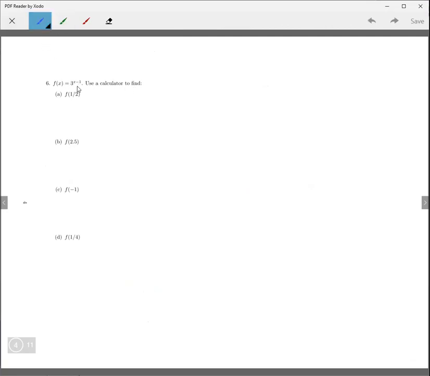Number 6. Use a calculator to find these values. It also says round to 3 decimal places. Let's work them out first. It's going to be 3 to the 1/2 minus 1, so that's 3 to the negative 0.5. This one is going to be 3 to the 2.5 minus 1, or 3 to the 1.5.